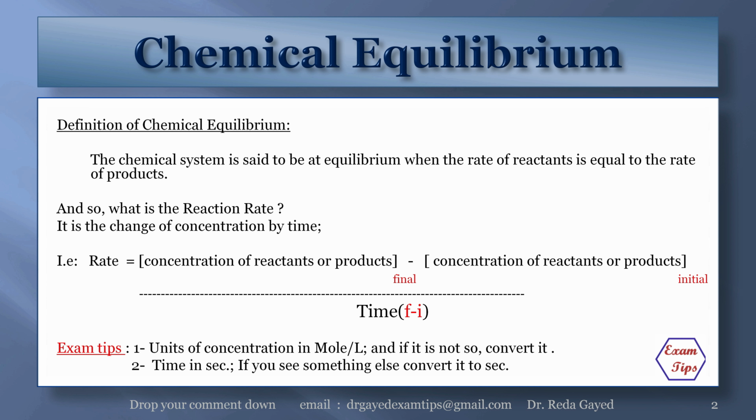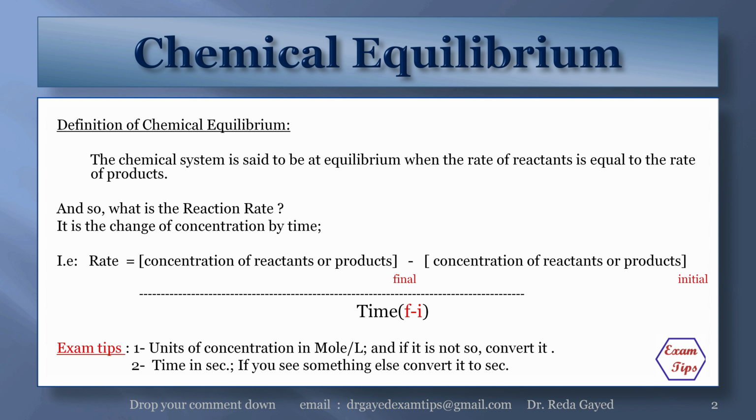Here in this part 2, in this video, we will consider concentration. And so what is the reaction rate? It is the change of concentration by time. So we will consider concentration either for reactants or products by time.